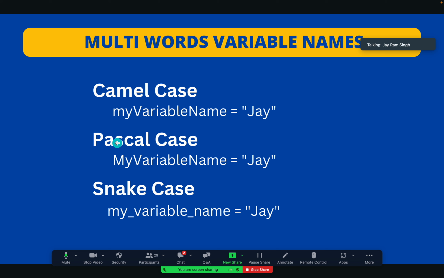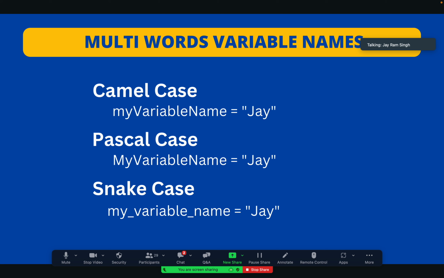Another is Pascal case, MyVariableName: the first character of each word in the variable name is uppercase. Snake case: all are lowercase and with every word I put an underscore, my_variable_name. Clear?